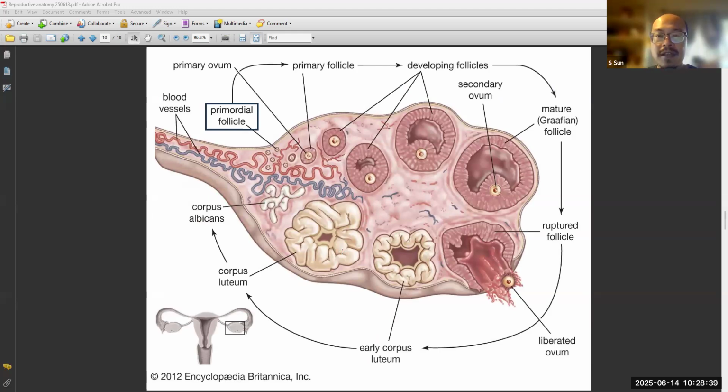So inside of the ovary, what do we see? We have this structure. Basically, you have the blood supply coming in.